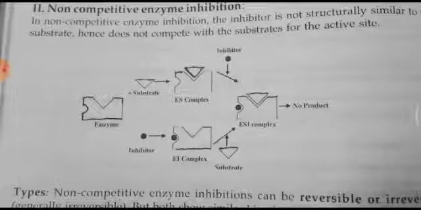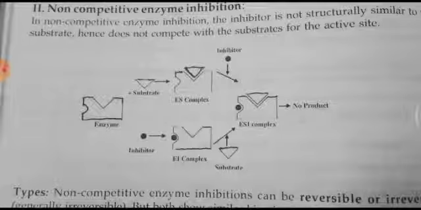the structure of the substrate and inhibitor is not the same. And in the downward process, the same process of inhibition takes place, but in this the inhibitor binding to the enzyme takes place in the initial stage only, before binding of the substrate, forming an EI complex. So after inhibitor binds to enzyme forming an EI complex, then substrate will bind.